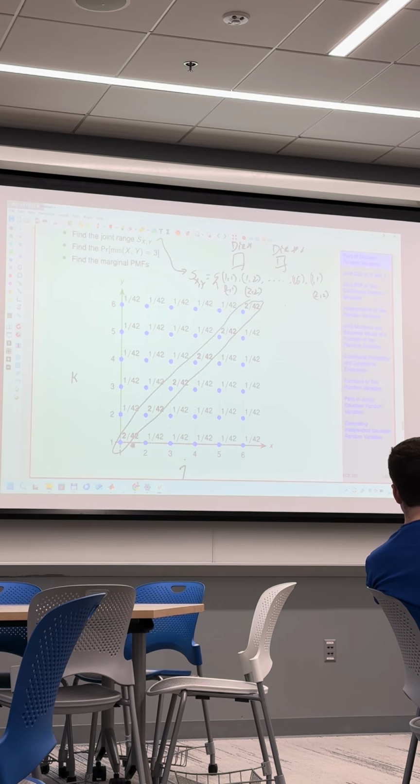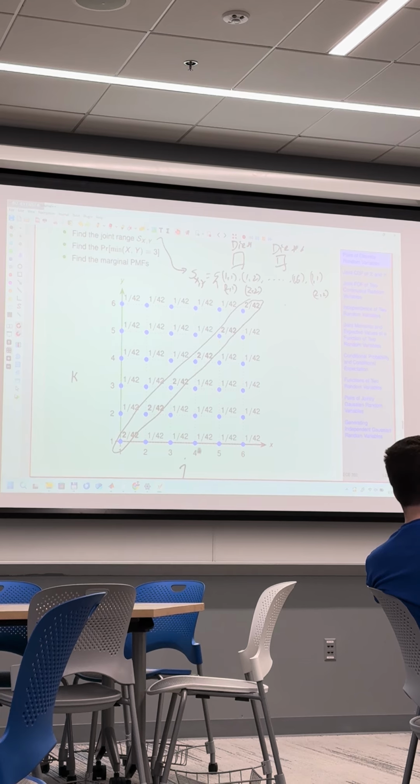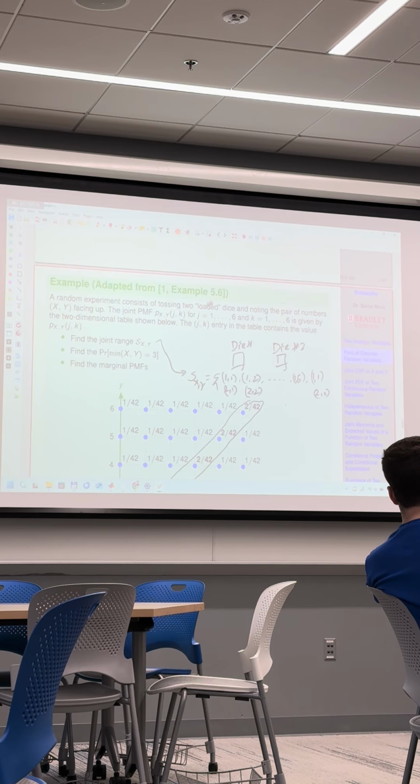But if you look at the number of dots here, 1 through 6 here, 1 through 6 here, this number of dots remains 36, but the probability changes because of the unfairness, which means that in this case order matters.